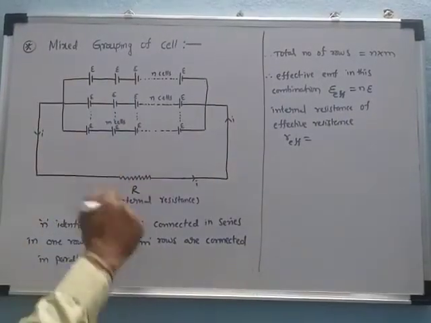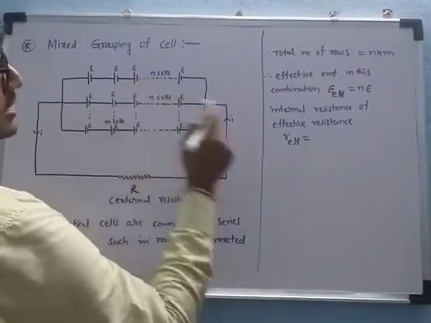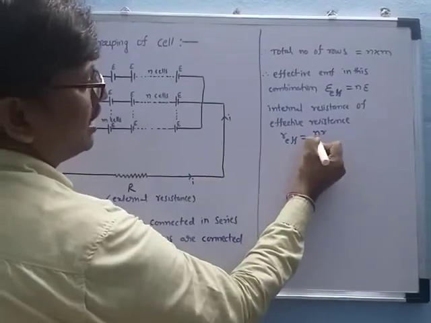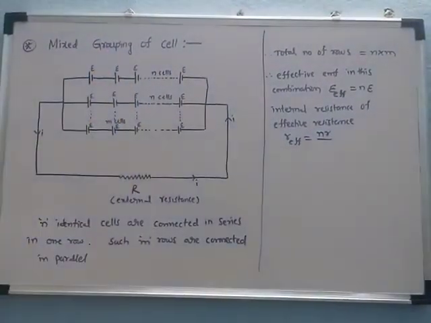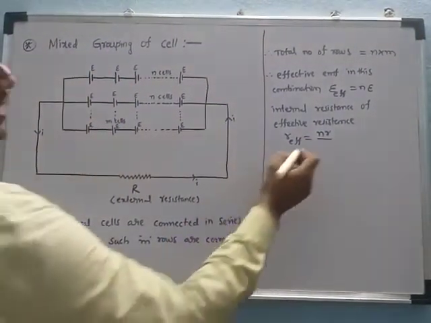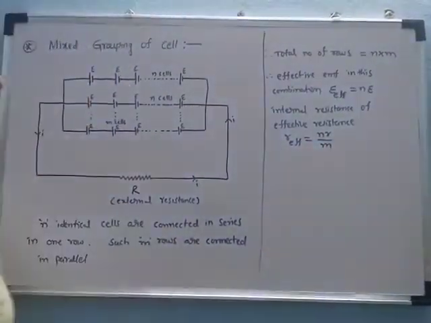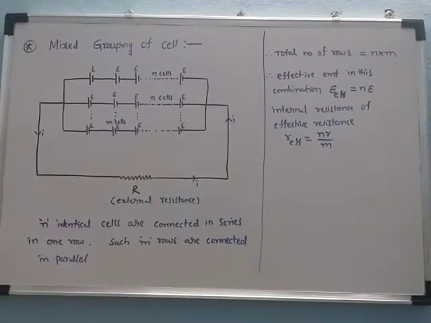See here, how many cells are there in series? N, that's n into small r, divided by how many rows in parallel? M. That is n into r by m.